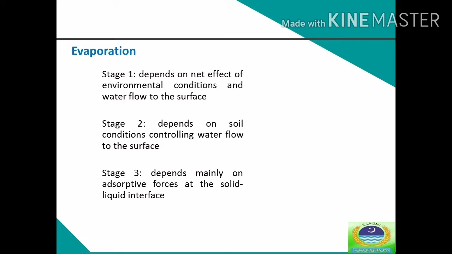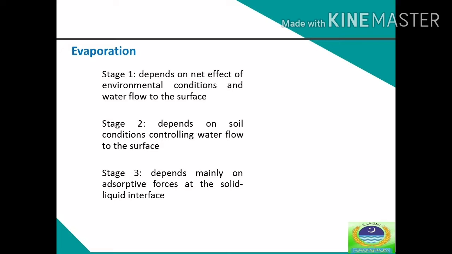According to Hillel, the evaporative flux can be modified in three ways. Number one, by controlling the energy supply at the site of evaporation, for example, by modifying soil albedo through color changes.